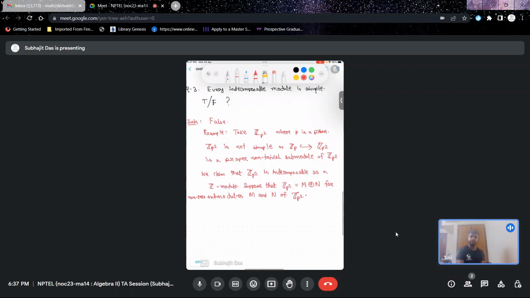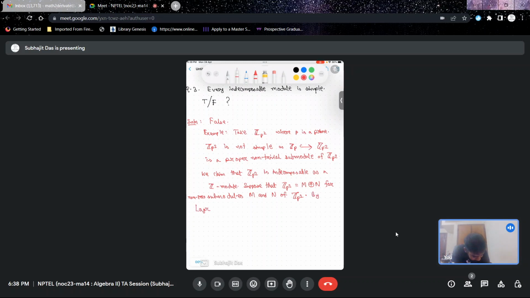Now since M and N are both non-zero, what can be the possible cardinality of both M and N? They have to have cardinality equal to p, right? Because the possible cardinalities of any submodule, that is a subgroup, will be 1 or p square, right? Now if one of them has order p square, then the other will have to have order 1, which means both have to have order p.